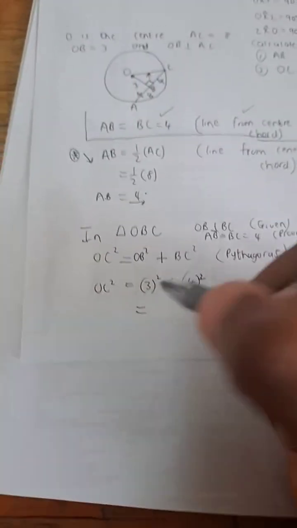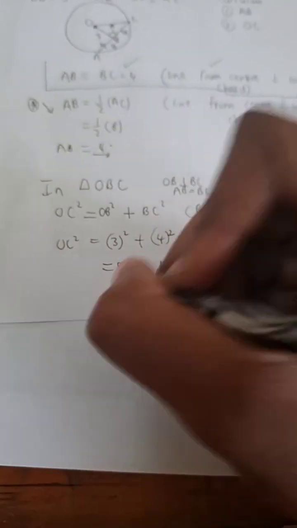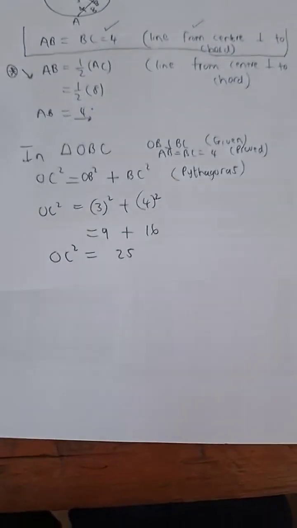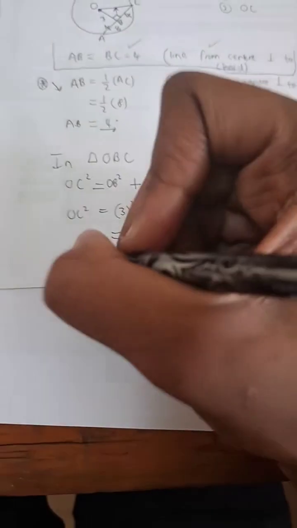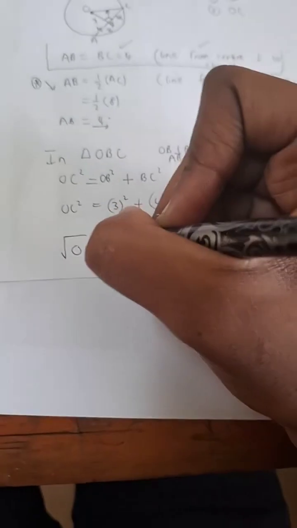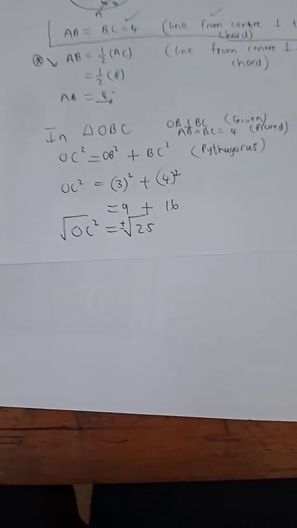Okay, that's there. 3 squared is 9. 4 squared is 16. Okay, we got 25, and obviously OC squared is still hanging on there. We take the square root on both sides. Remember guys, when we take the square root on both sides, practically speaking, we do write plus minus.